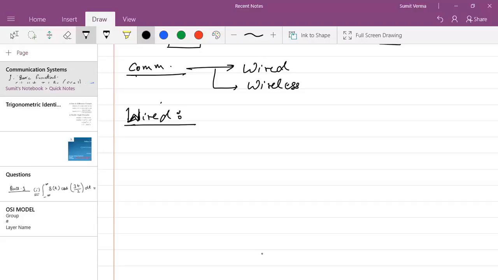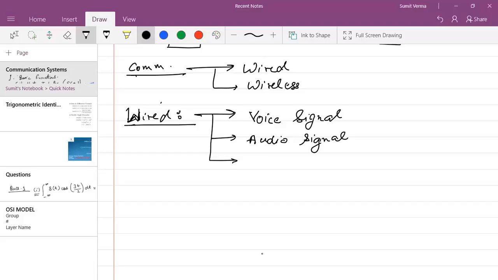First of all, let me classify the types of signals that we are going to transmit using wired or wireless. The first one is the voice signal, then the audio signal. Voice and audio are different things. Then comes your video signal.